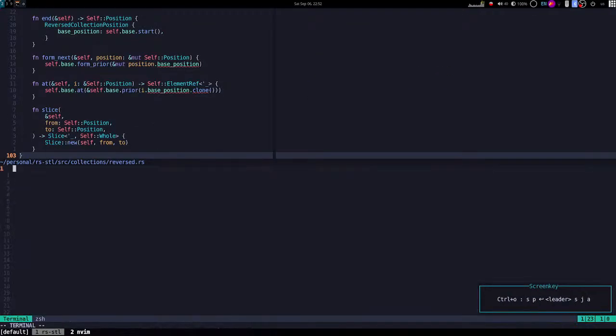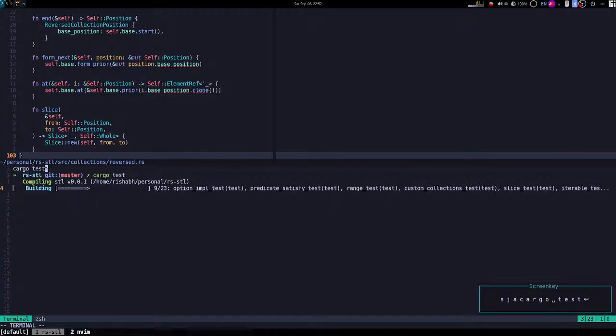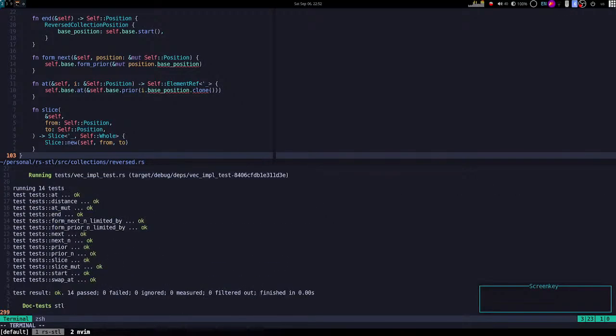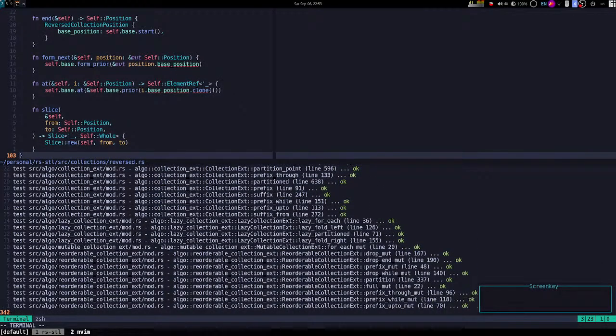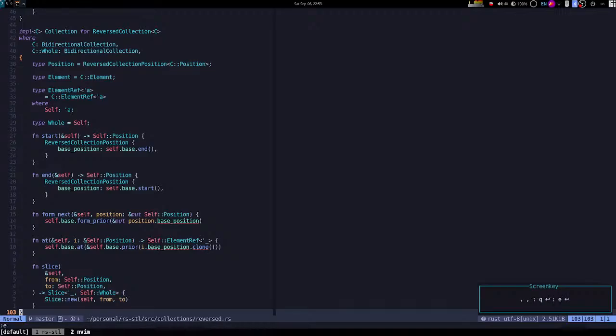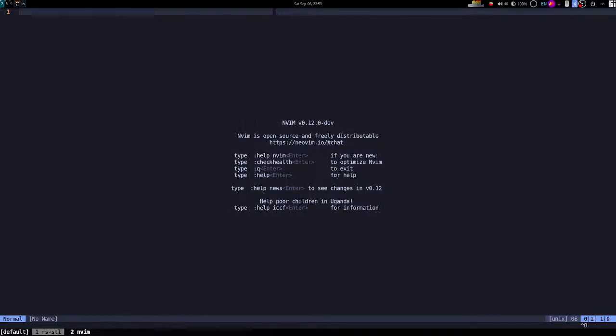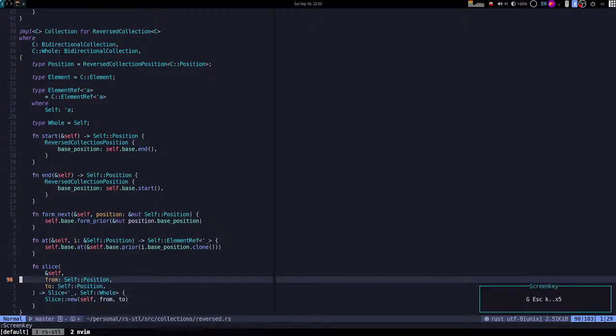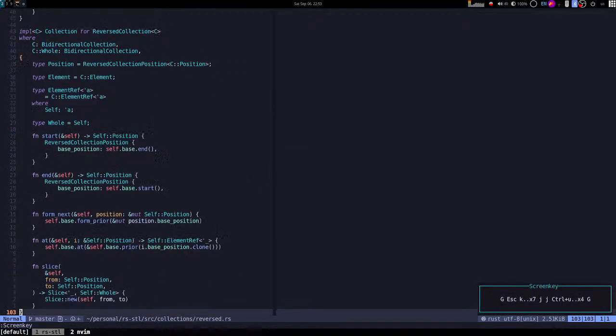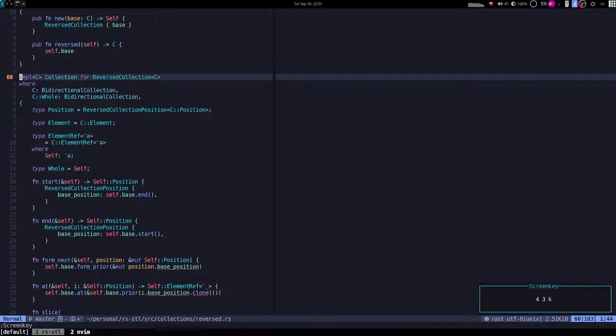So let me try this out. Cargo test. Let's see how it performs. Yeah, it compiles. So that was not a problem. That means all of this was actually good. Now let's try to implement bidirectional collection for the same, right?